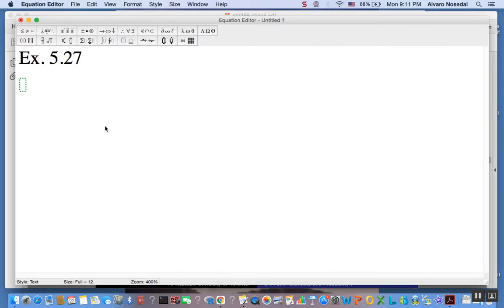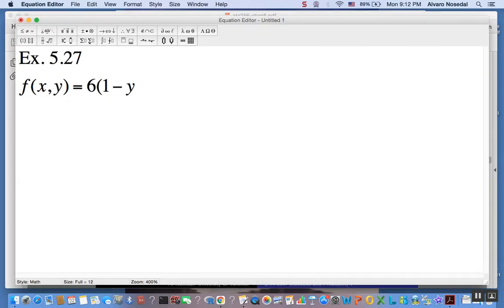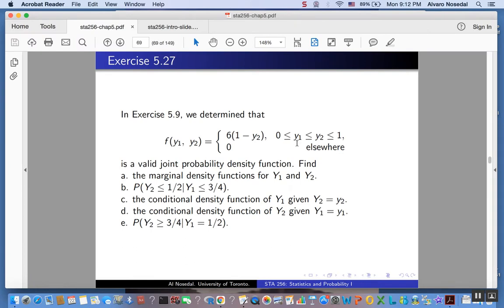Let me rewrite that joint probability density function. It's going to be 6 times 1 minus y2, so I'm going to have 6 times 1 minus y. That holds for values satisfying an inequality, right? y1 must be less than or equal to y2, y2 must be less than or equal to 1, and y1 must be greater or equal to 0.